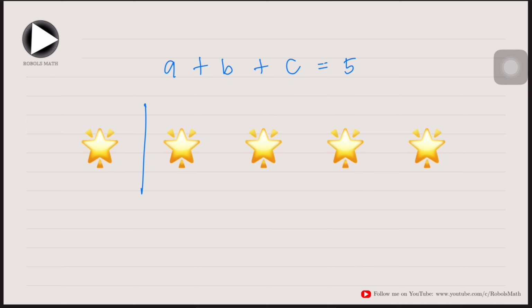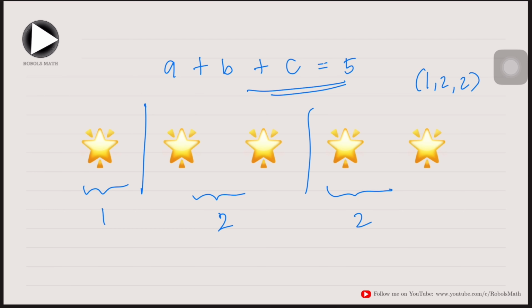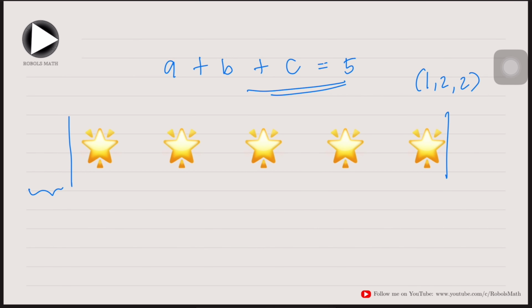Let's put the bar here and here. If we count the number of stars to the left, in between, and to the right of the bars, we get 1, 2, 2, which means that 1, 2, 2 is a solution for this integer equation. We can also place the bars elsewhere to generate other solutions. For example, if we put the bar here and then here, we get 0, 5, 0.